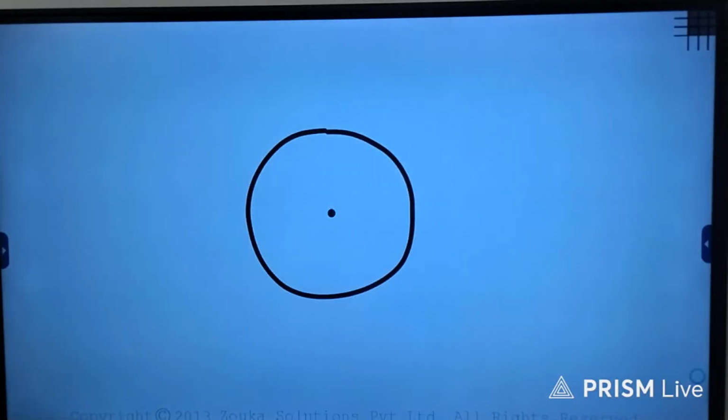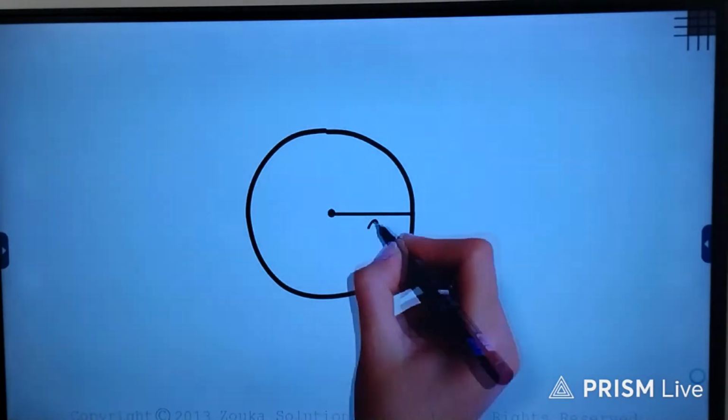Let's draw a circle with a center, and let the radius of the circle be r units.